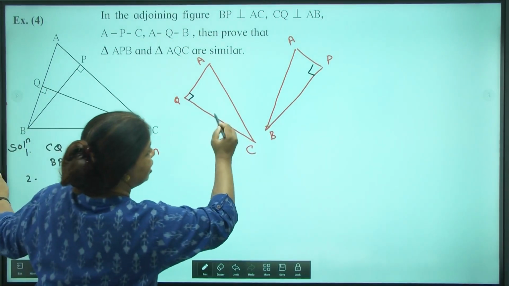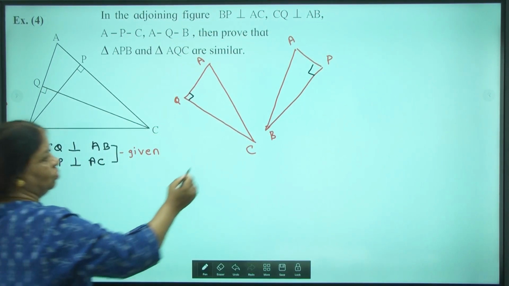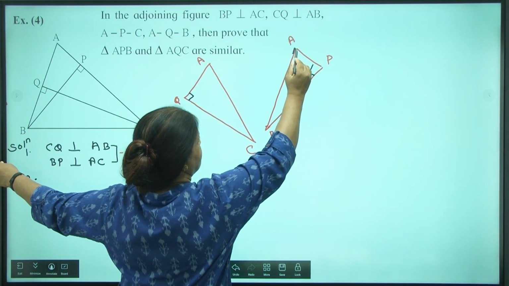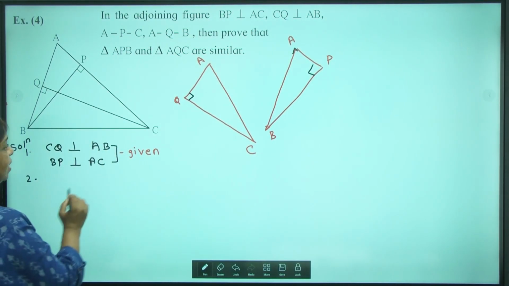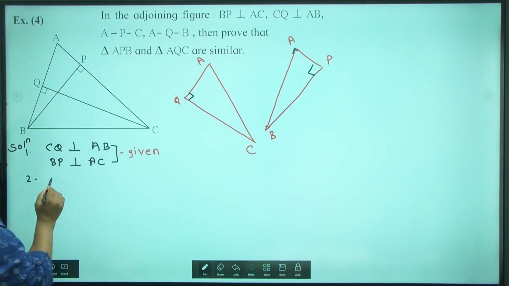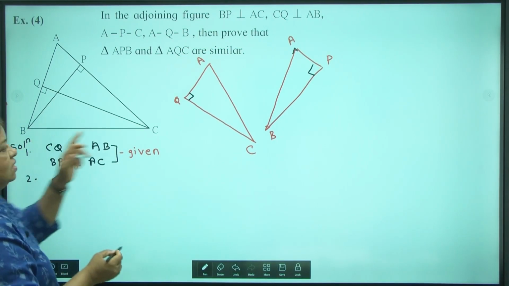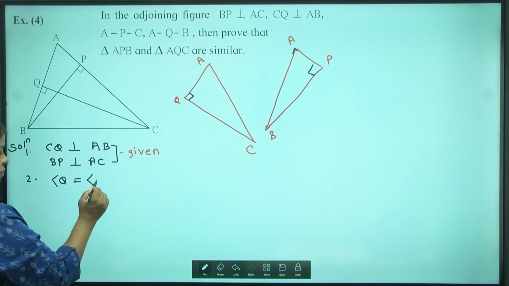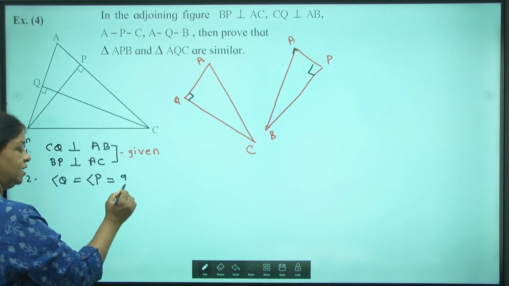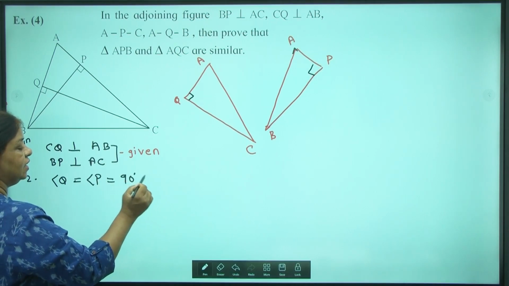Now if you look at these two figures, children, what can you tell? What is equal to what here? It is so easy to say that angle Q is equal to angle P, and it is 90 degrees, which is given.